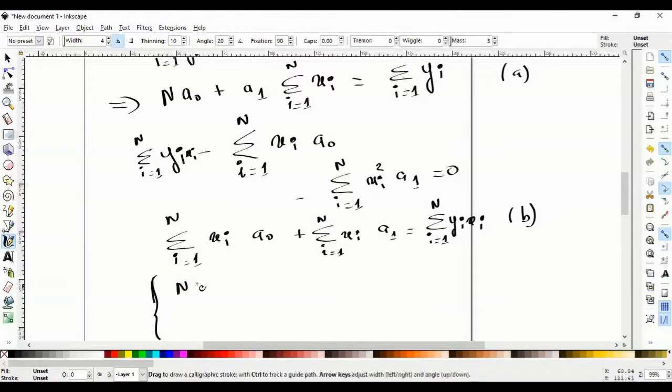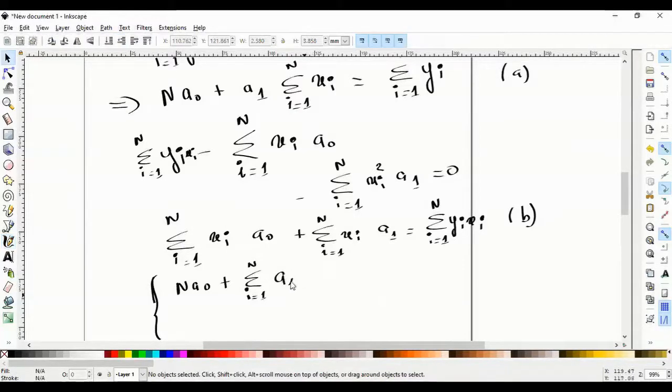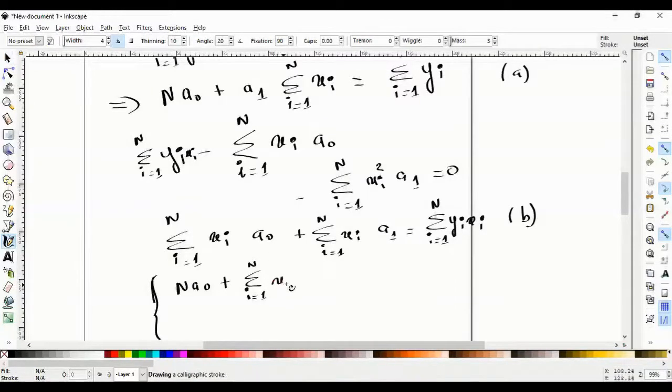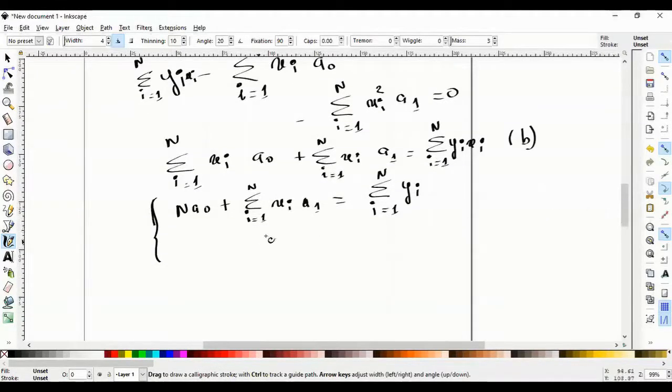So we have n a0 plus the sum, i equals 1 till n, of xi multiplied by a1 is equal to the sum, i equals 1 till n, of yi.